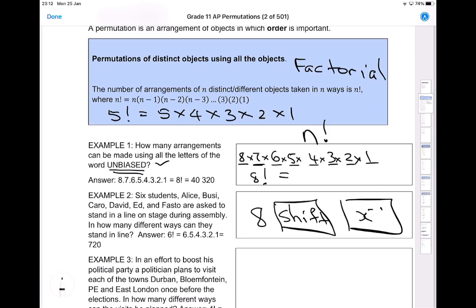That will give you the factorial of 8. So 8 factorial is equal to 40,320. What this means is, using the letters of the word unbiased, we can actually form 40,320 different arrangements. There's quite a lot.